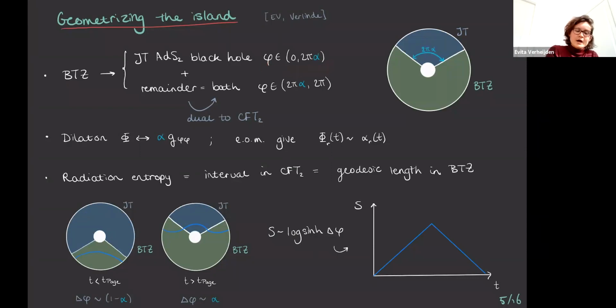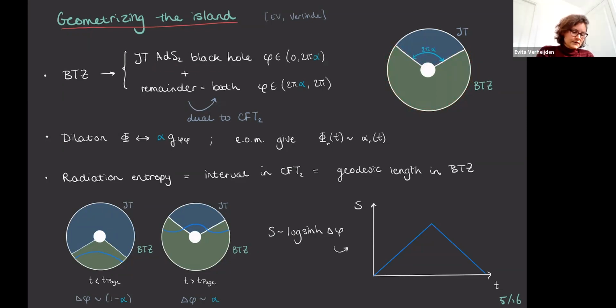So we're integrating out phi, but only up to some value 2 pi alpha, where alpha takes values between 0 and 1. And this gives an AdS2 black hole in JT gravity. And the remainder, the part that we haven't integrated out, we take to be just the original BTZ geometry, but then we're interested in its dual CFT that lives here on the boundary, and it couples here to the JT gravity living in this reduced spacetime.